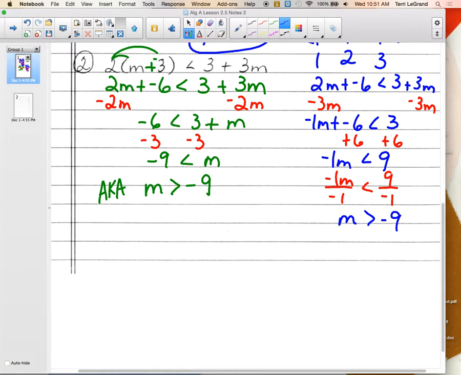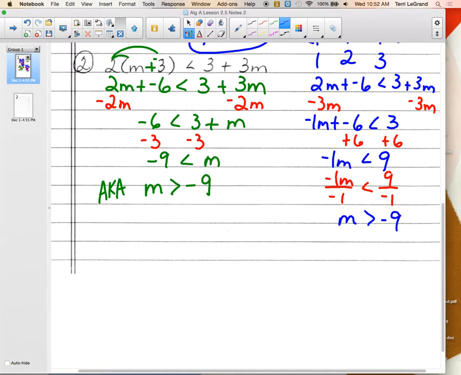Okay, so notice how when I did it both ways, if I moved the variables to the right side, it actually was less work than if I moved them to the left side. If I moved them to the right side in the first one, that was less work than if I moved them to the left side.